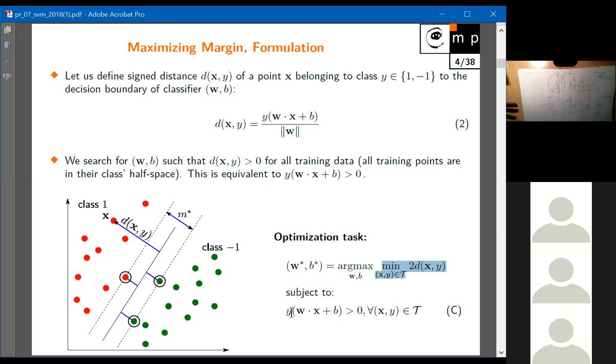So the distance is positive when we swap the sign of the class. So one class on one side and on the other side, this is plus minus 1. So now we have formulated the optimization task. Now, what happens next? We have to work a little bit on the formulation to simplify it. But let's check. At this point, I assume that the formulation C is clear to everyone.